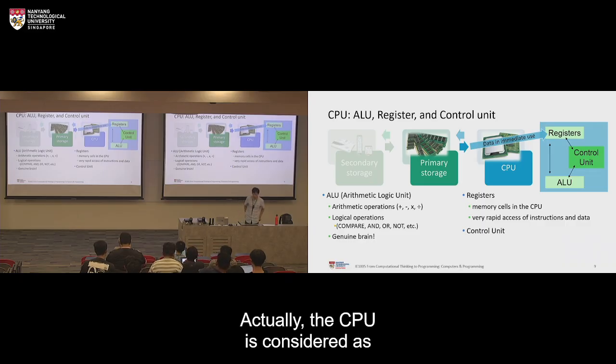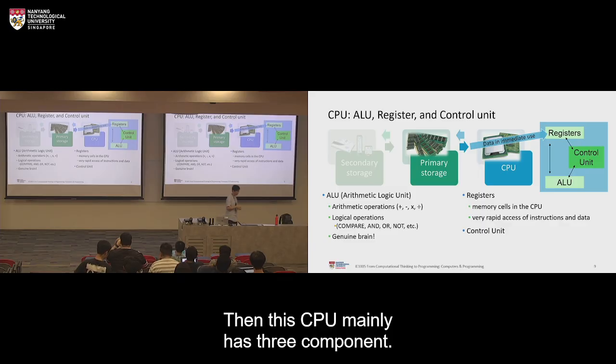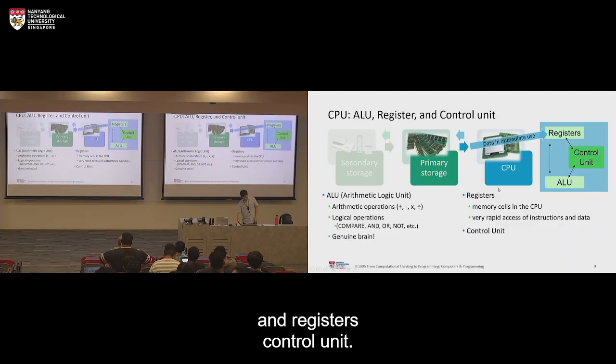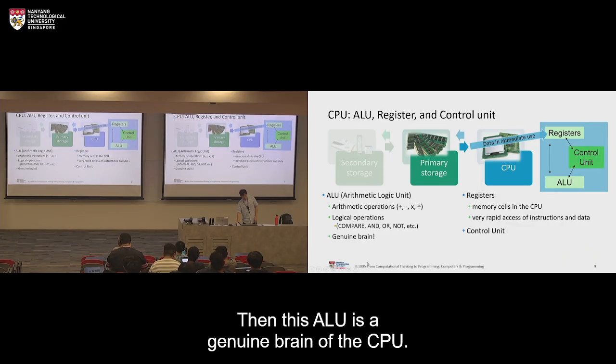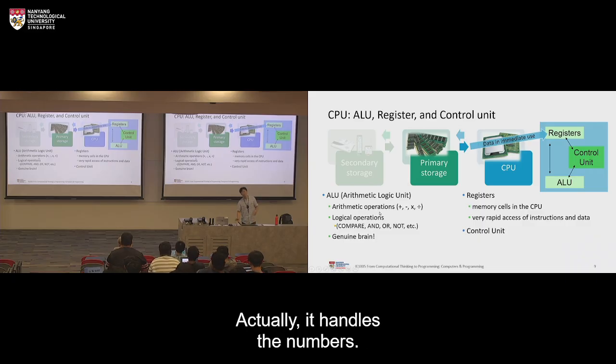Okay, then let's move on to the CPU. Actually, the CPU is considered the brain, the real brain of the PC. This CPU mainly has 3 components: the ALU, arithmetic logic unit, registers, and the control unit. This ALU is the genuine brain of the CPU. It has arithmetic operations, actually handling the numbers, and it also has logical operations.